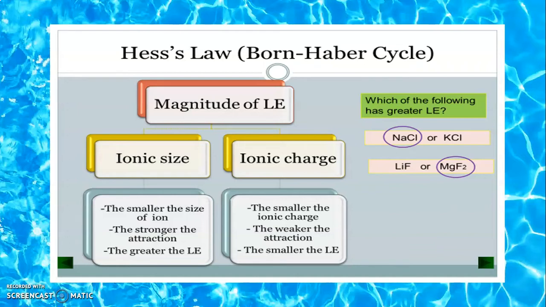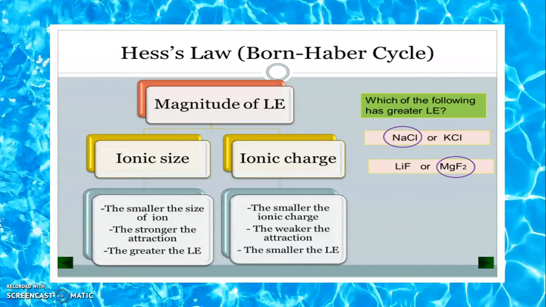Let's look at these two examples here. So we have sodium chloride and potassium chloride. Both of these ionic compounds are made up of sodium ions and potassium ions bonded by the ionic bond to chloride ions.